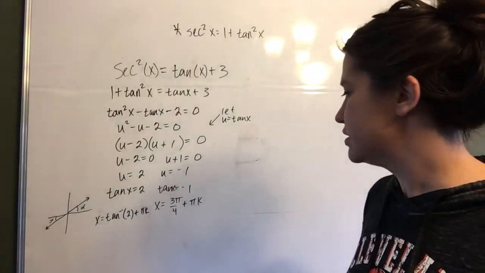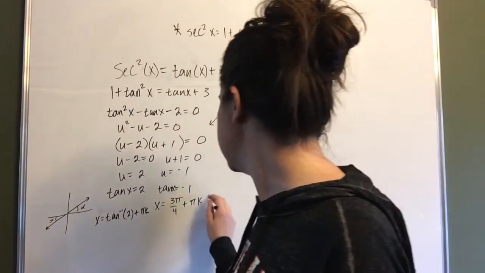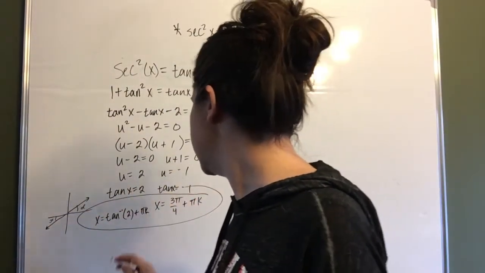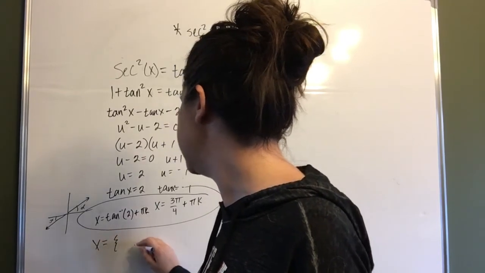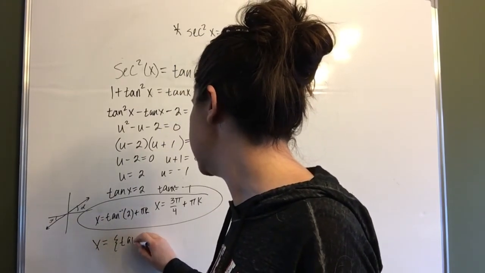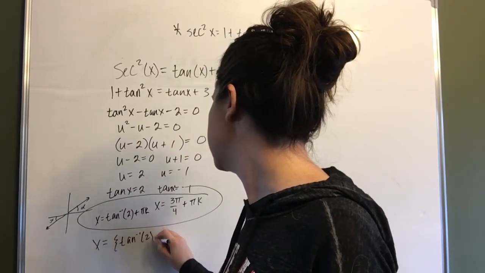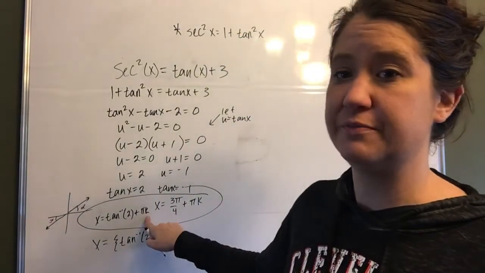All right, so these are our answers, and our answers between 0 and 2 pi are going to be arctan of 2. That's what you get if you put 0 in for k.